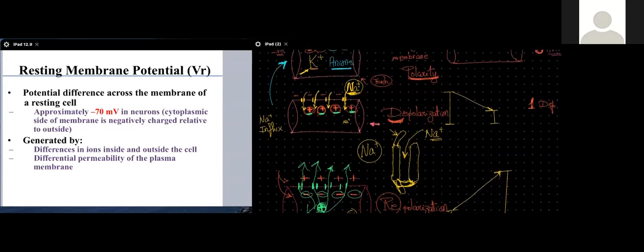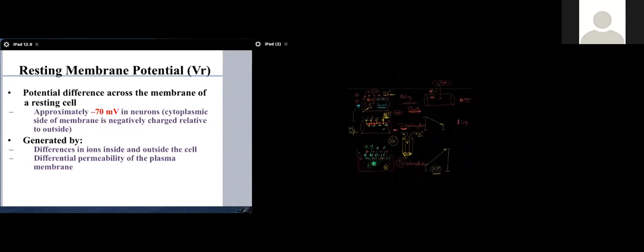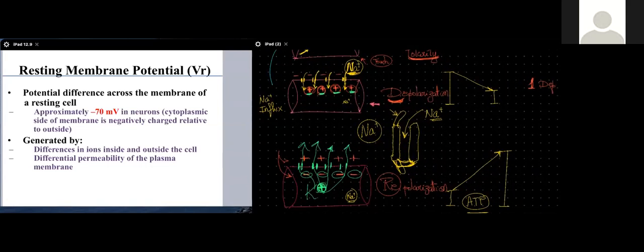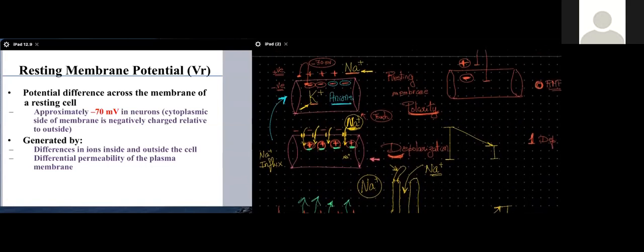So how do you conduct an electrical signal through the nerve fiber? You start first with a cell that is not conducting a signal. I don't have a signal. Inside is more negatively charged than the outside of the cell membrane. We call this state my resting membrane polarity.